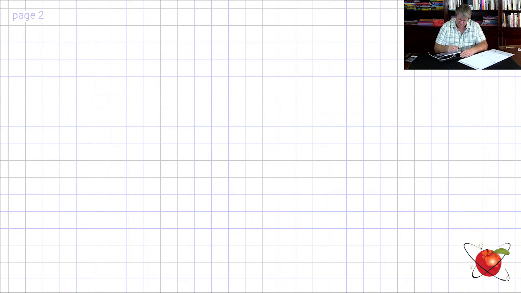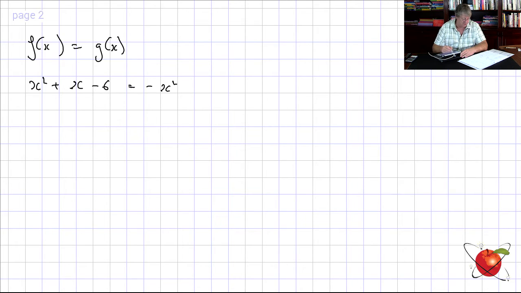We have to say f of x equal to g of x, which means I have to put x squared plus x minus 6 equal to minus x squared plus 2x plus 3, and solve for x. Well, let's get this all across to the other side.